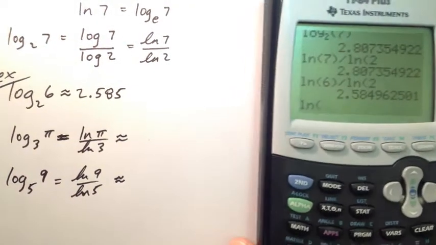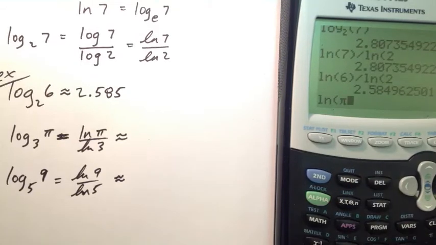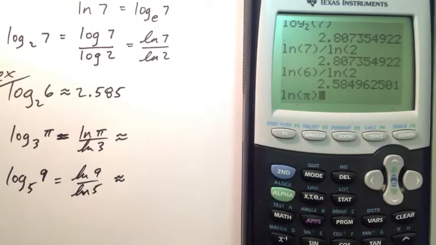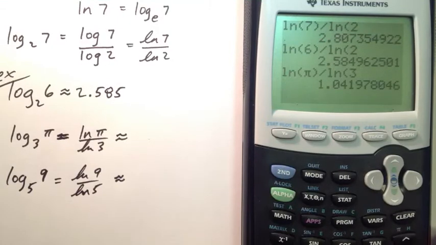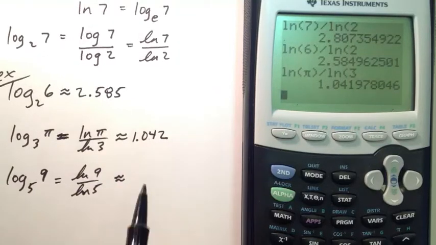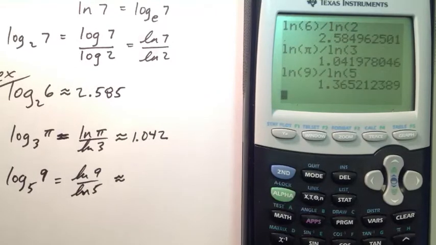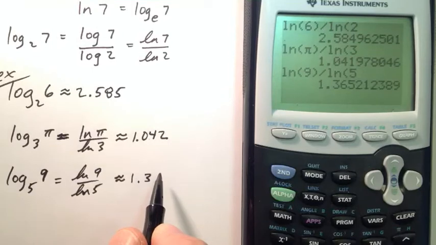And what do we get when we get ln of pi over ln of 3? Second pi, ln of 3, enter, 1.042, and then the ln of 9 divided by ln of 5 is 1.365.